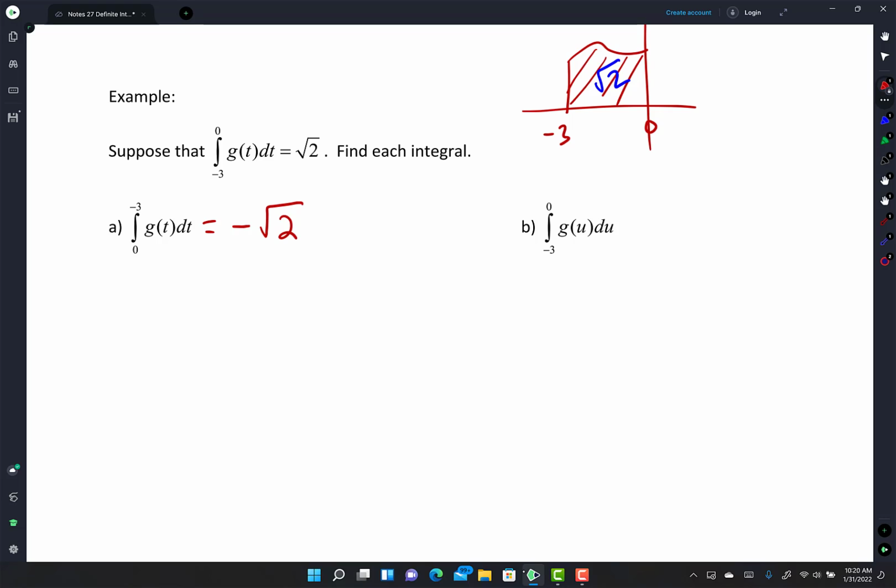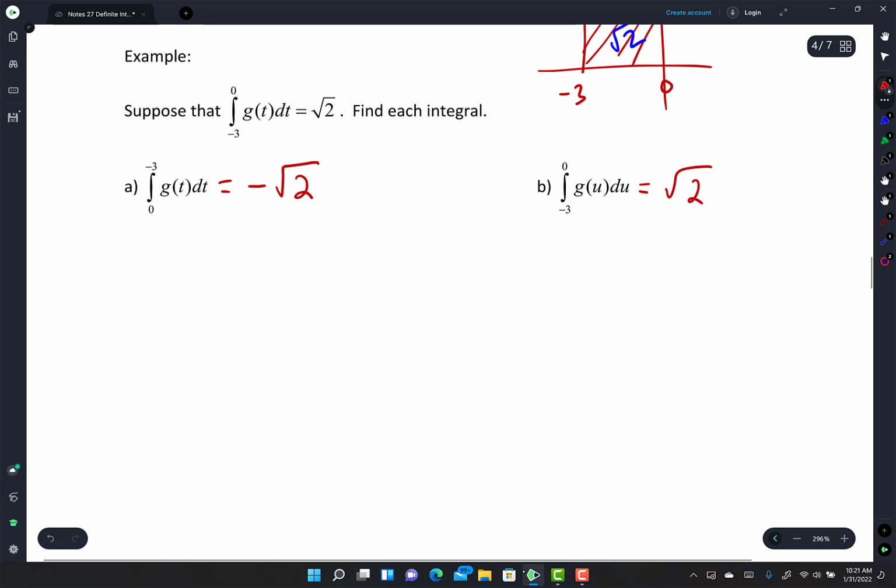How do we feel? I'm going to letter B. Lower limit is -3, upper limit is 0, so it looks like I have the same situation as up there. G of u du. Does it matter what I call the x-axis? It doesn't. What does this spit out? Square root of 2. There you go. That's it. Are we still okay, guys?